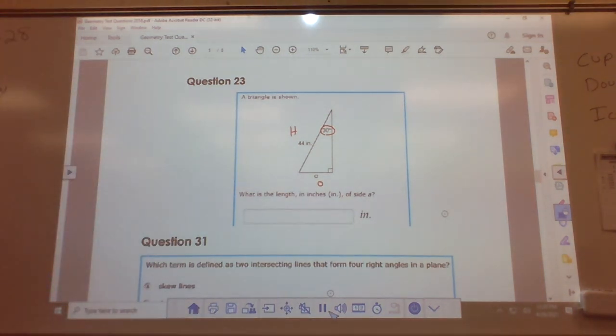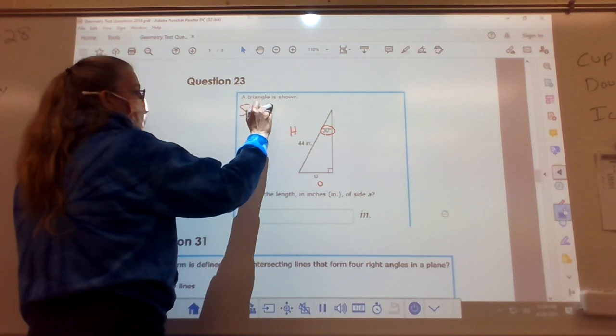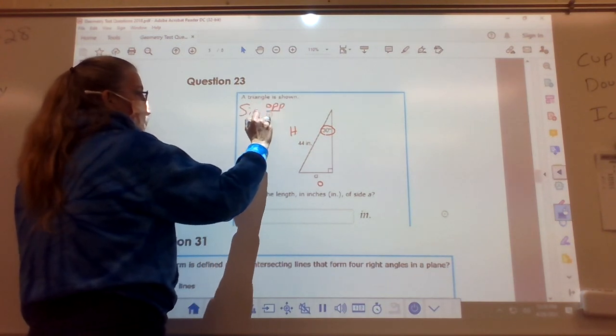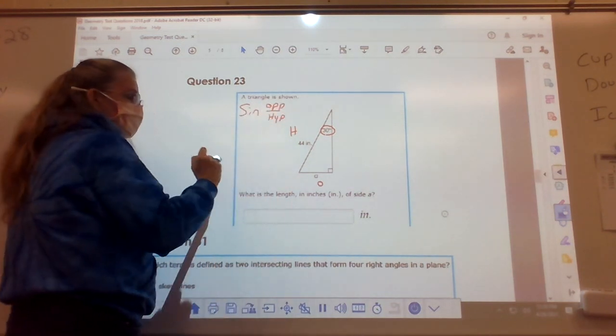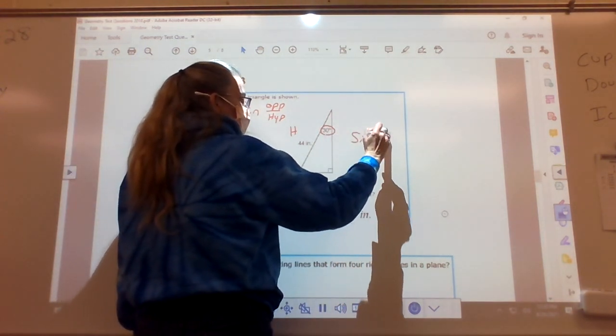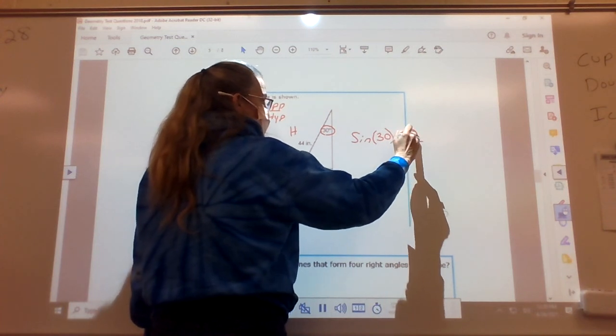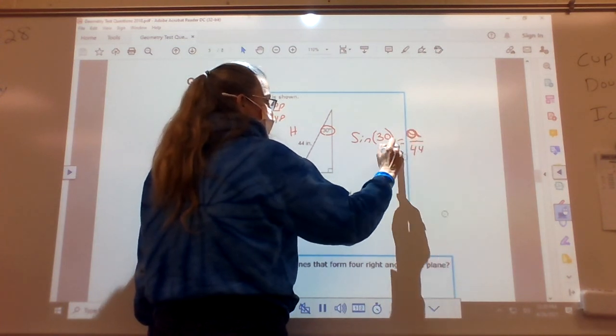And there's nothing on the other one. So I know I have to use sine. This is definitely a sine, and I know sine is opposite over hypotenuse. So I'm going to set it up. Sine of the angle equals opposite over hypotenuse.